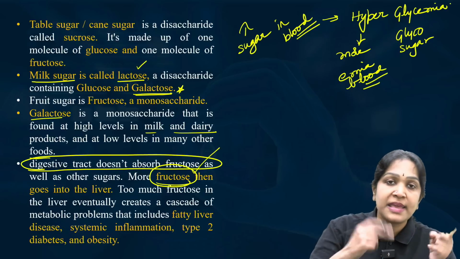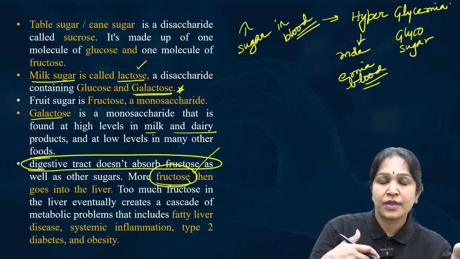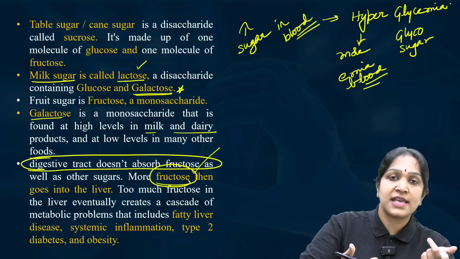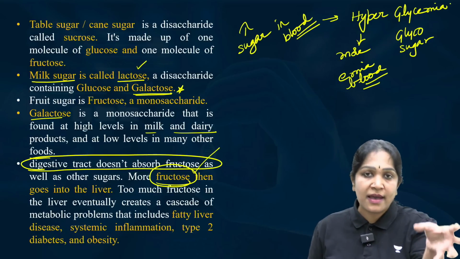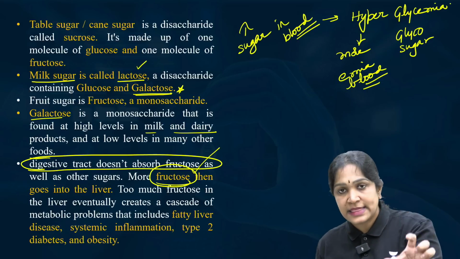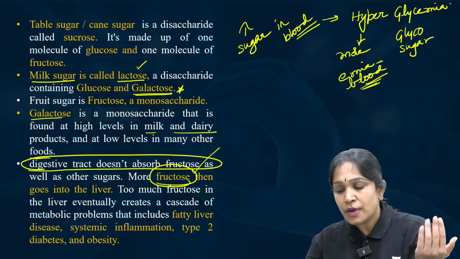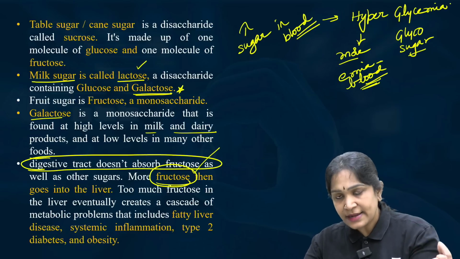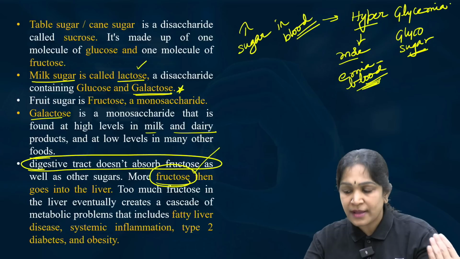For example, anemia means no blood or less blood, bacteremia means more bacteria in the blood, and cholesterolemia means more cholesterol in the blood. So the suffix amia means blood, so more sugar in the blood.